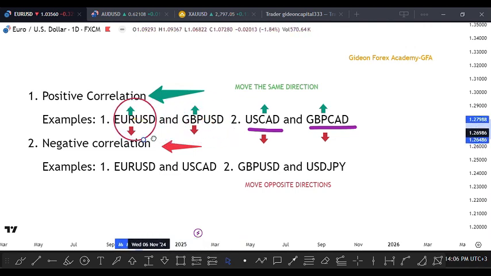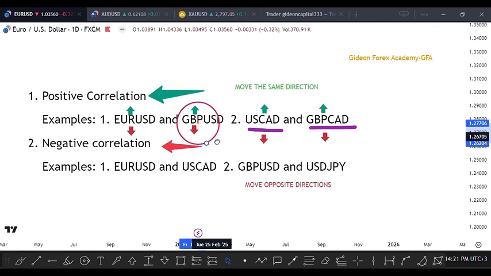So to minimize risk, choose only one of the correlating pairs to trade. Don't make the mistake of opening positions on both correlating pairs. In case the market goes against you, it will be more loss. Guys, listen to this, very important.